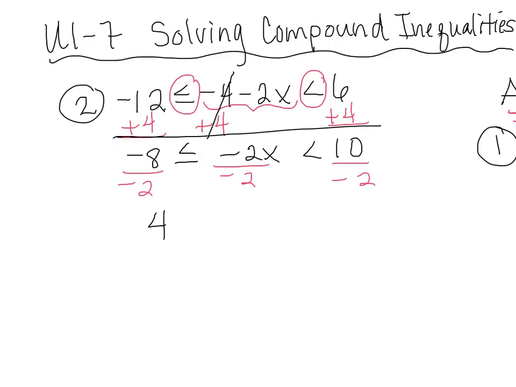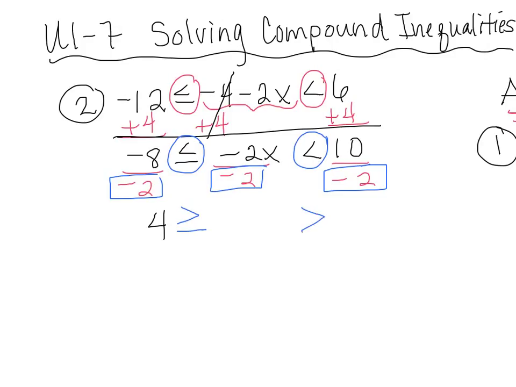Remember, there was that rule with inequalities that when I divide each side by a negative number, do you remember what had to happen? We flip the inequality symbol, and here we have 2 of them. Both of these you're going to find flip directions. So both of those symbols are going to flip. The one on the left is a greater than or equal to, and the one on the right is just the greater than.